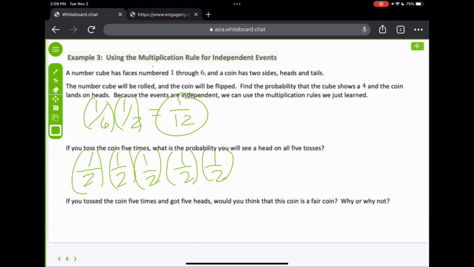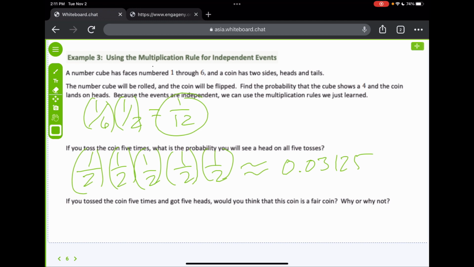And if you multiply those out, that's equal to about 1 over, 2, 4, 8, 16, 32. Yeah, 1 over 32.